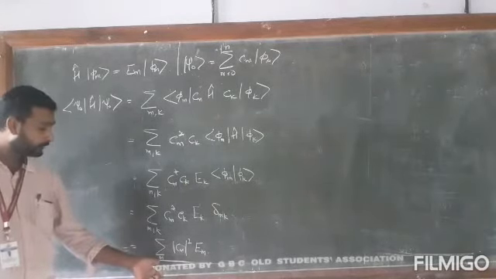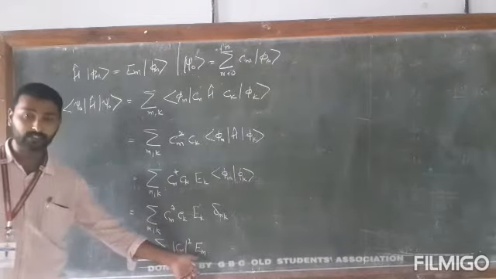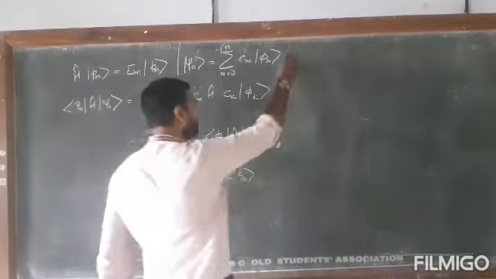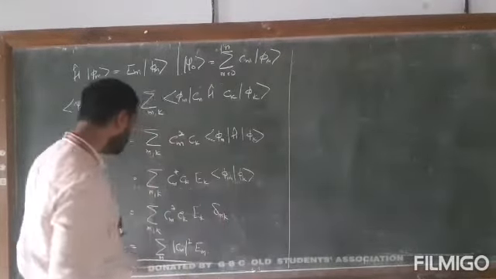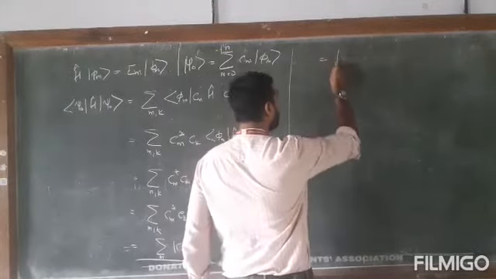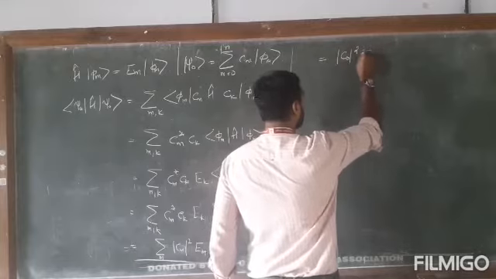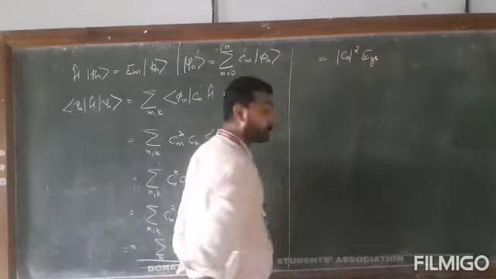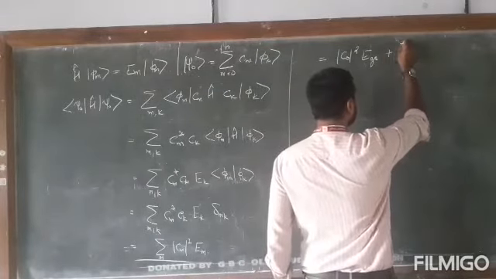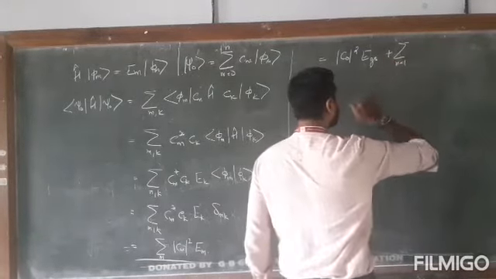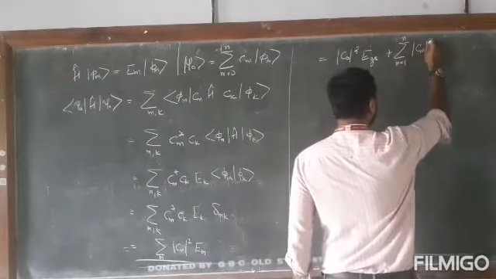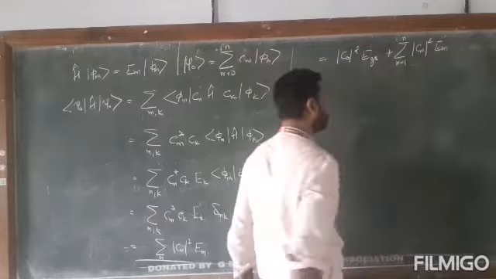Okay, now which would be the ground state? The ground state would be E0, E0 is the ground state, and E1 would be the first excited state, and so on. So I can write this as equal to modulus of C0 square into the ground state energy, which is EGS, plus sum over m equal to 1 to n of mod Cm square Em.